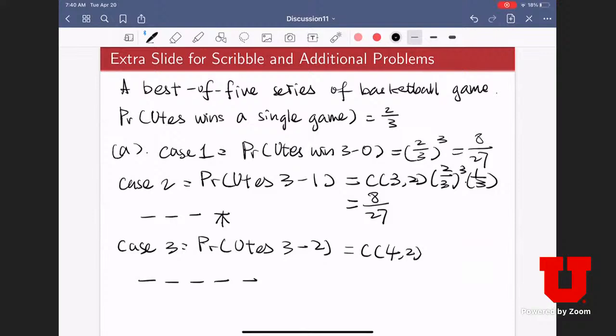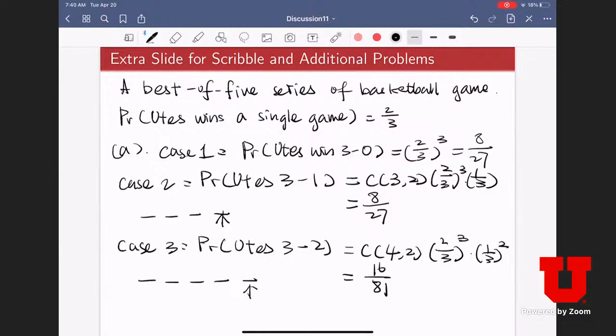And then we know it already went (2/3) cubed and then times (1/3) squared. So we're guaranteed to win the last game, and then we also want to pick 2 from the first 4. And this one gave us 16/81.